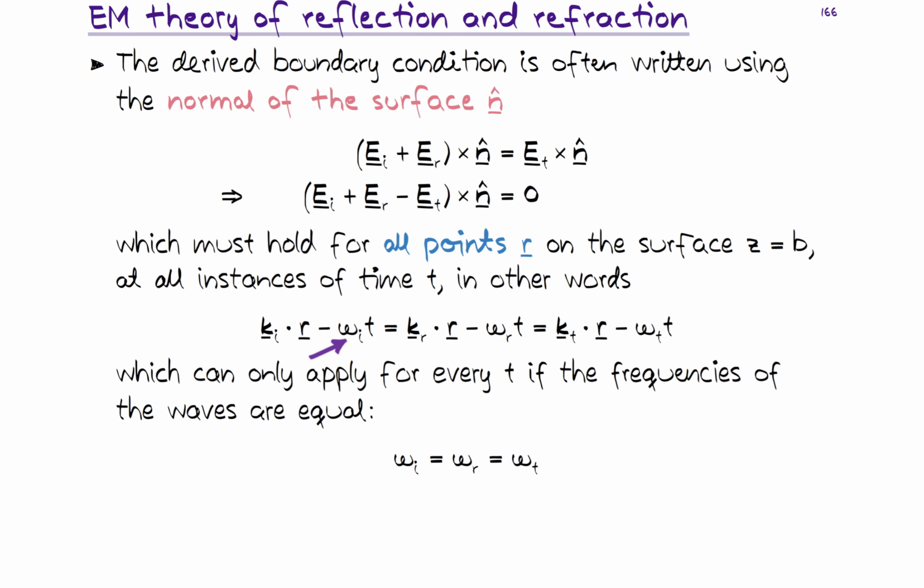If omega_i, omega_r and omega_t were not identical to each other, then this equality would not hold, since I'm not touching r here at all. So it boils down to this: the frequency of light is not changed under these processes of reflection and refraction.